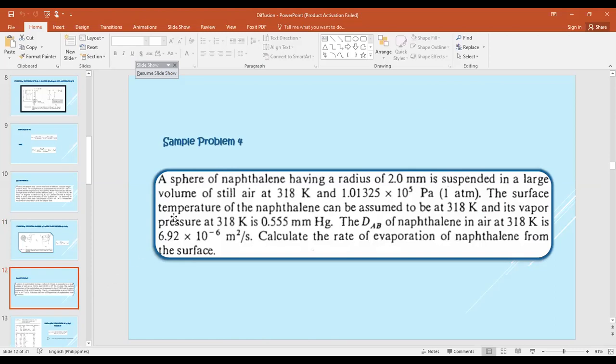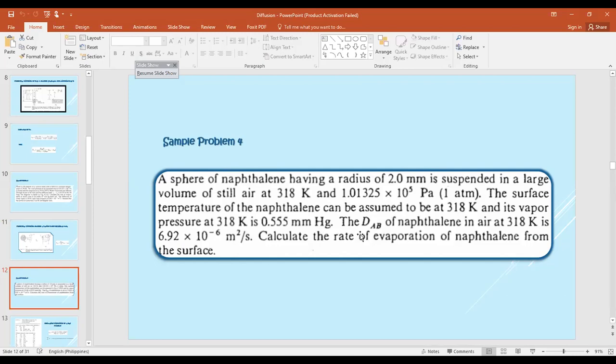Okay, so a sphere of naphthalene having a radius of 2.0 mm is suspended in a large volume of still air at 318 Kelvin and 1.01325 Pascal. The surface temperature of naphthalene can be assumed to be 318 Kelvin, and its vapor pressure at this particular temperature is 0.555 mmHg.